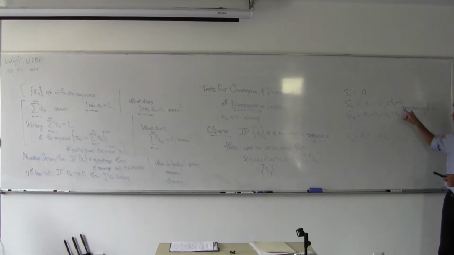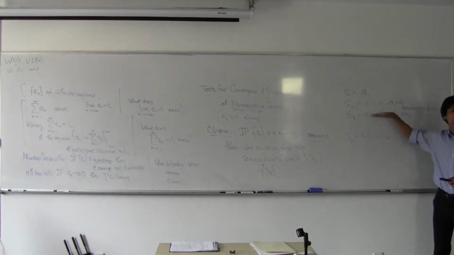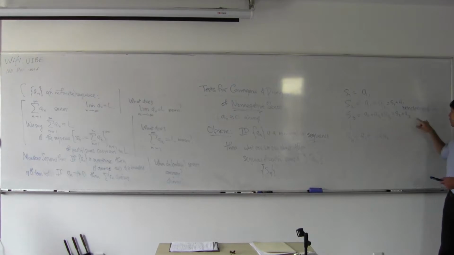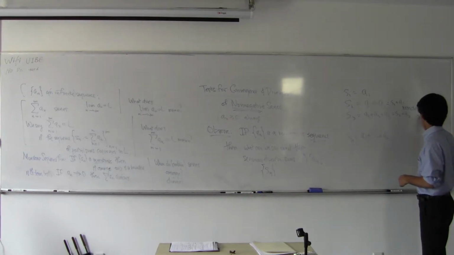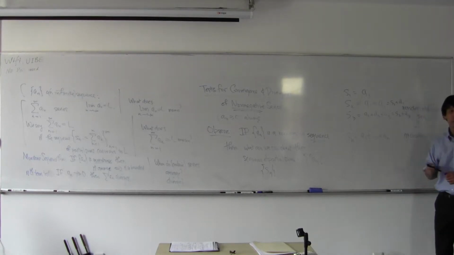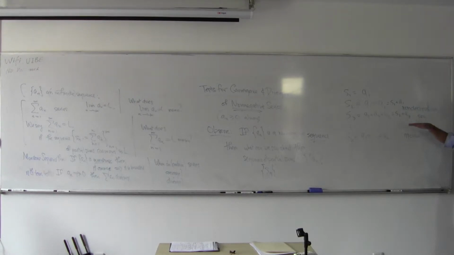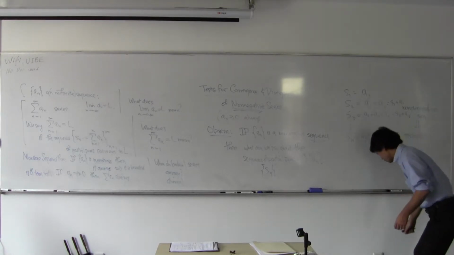You're always adding on something non-negative, and so the S's are getting bigger. It's a non-decreasing sequence. In particular, it's monotonic. Monotonic means that you're either non-decreasing or non-increasing. So what do you know?